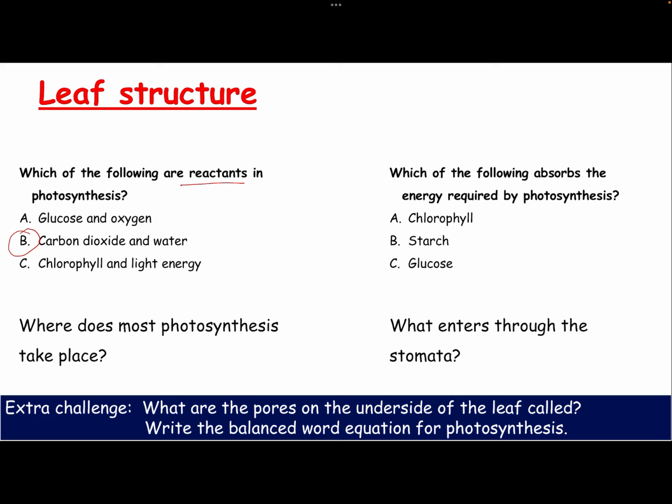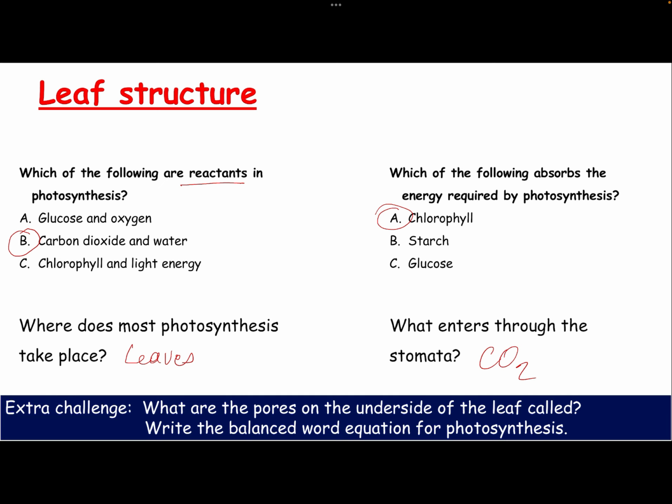Which of the following absorbs energy required for photosynthesis? And it's the chlorophyll. Where does most photosynthesis take place? Photosynthesis takes place in leaves, in the palisade mesophyll. What enters through the stomata? And it's carbon dioxide.